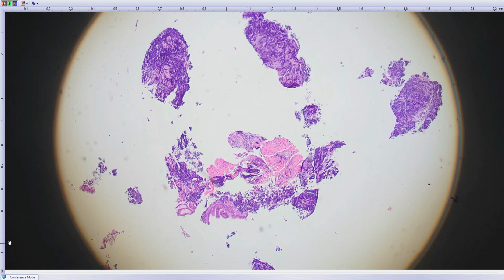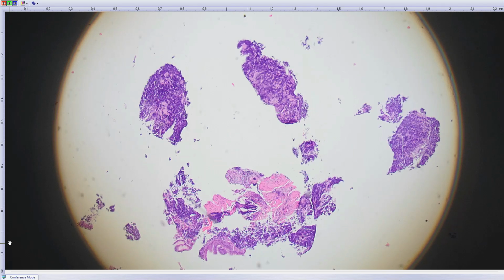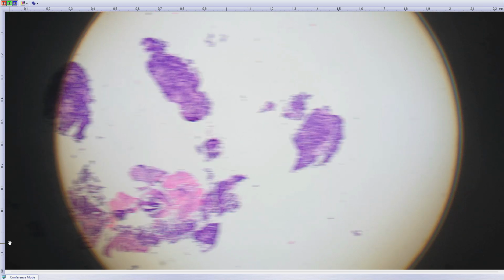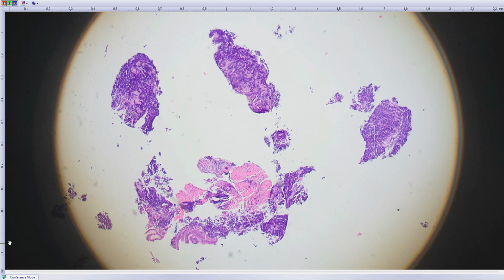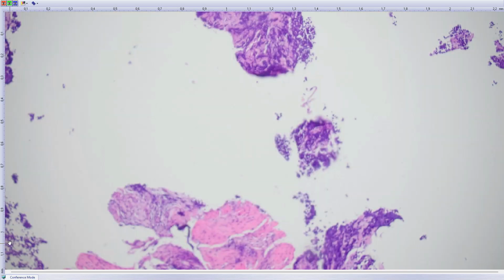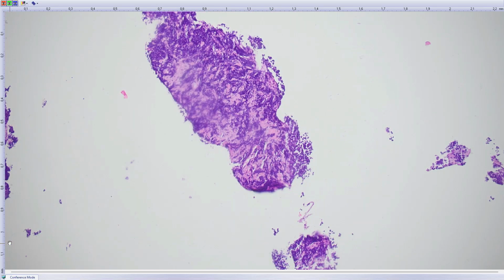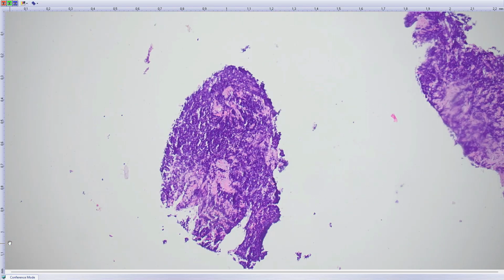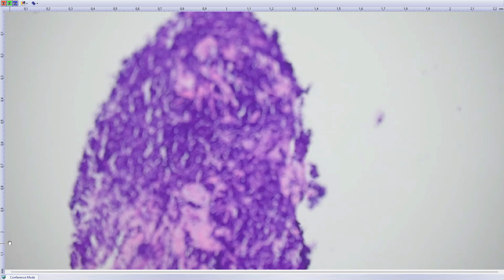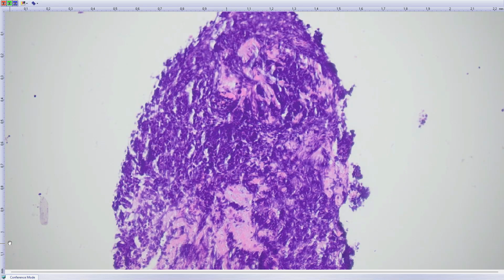So they had a lesion in the pancreatic tail, I believe, and as you can see already in this very low magnification, it's something blue there. So probably very, very highly malignant. And as you can see, you cannot see morphology of the cells.